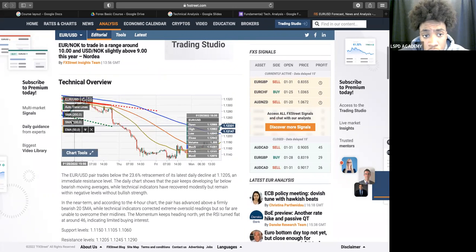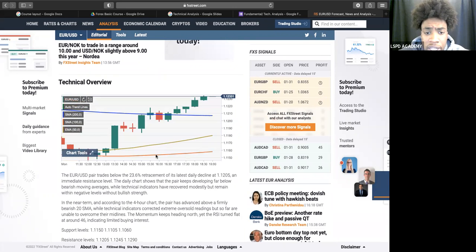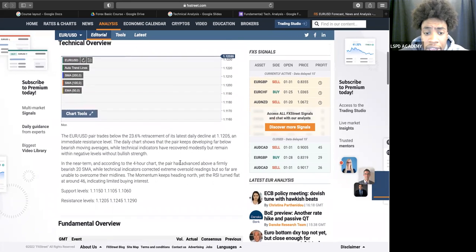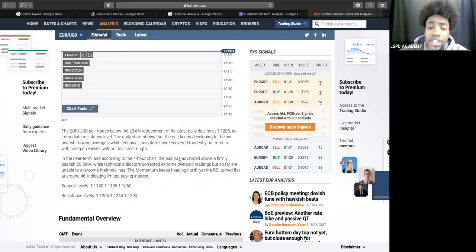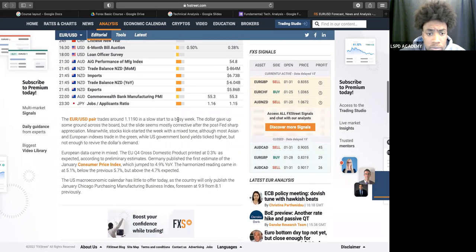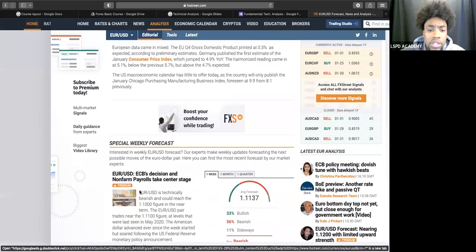Oftentimes they'll give you a chart with different SMAs, things that these traders or authors view as key focal points that will have an overlying effect on that price movement, right? So it gives you a lot of key information, what economic reports may be coming out, what the numbers were previously, how the economy is doing.